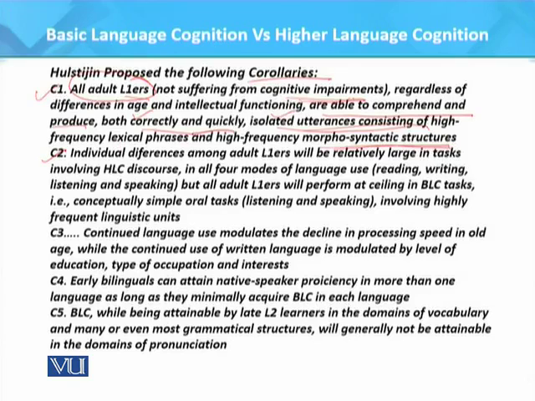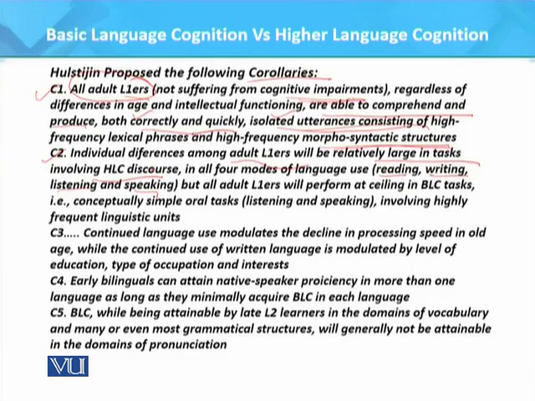The second says, individual differences among adult first language learners will be relatively large in tasks involving higher language cognition discourse in all four modes of language use: reading, writing, listening and speaking.